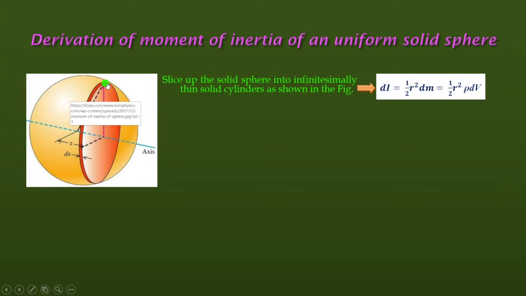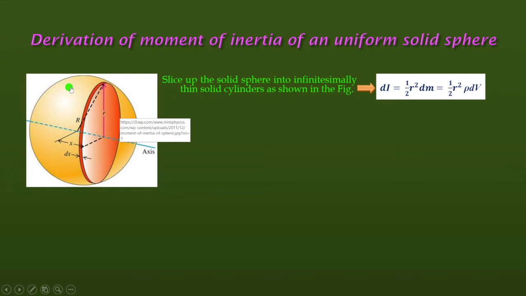Now cut a section like this. It's a thin cylindrical section with height dx. The height of this cylindrical section is dx, which is infinitesimally small. So in the previous equation for the cylinder, we derived I equals half r square M. But here the mass of this section is small, it is an infinitesimally small segment.